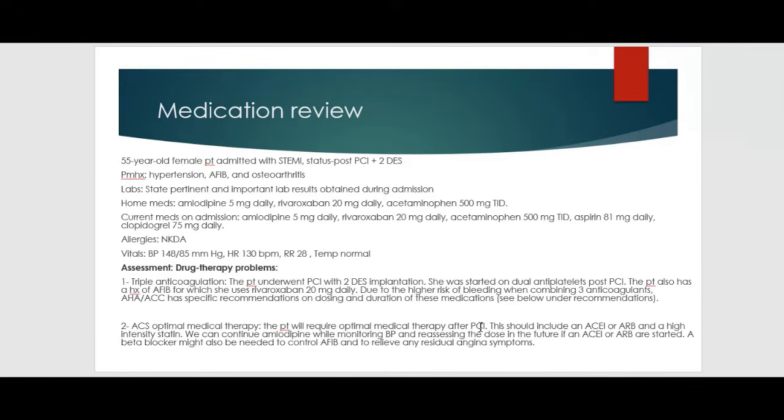And now, due to the higher risk of bleeding when combining 3 anticoagulants, the American Heart Association and the American College of Cardiology have specific recommendations on dosing and duration of these medications. And then I mentioned see below under recommendations. So this is my concern here. This is the drug therapy problem. We are combining 3 anticoagulants, which might need some adjustments. And I'm going to mention that under my recommendations.